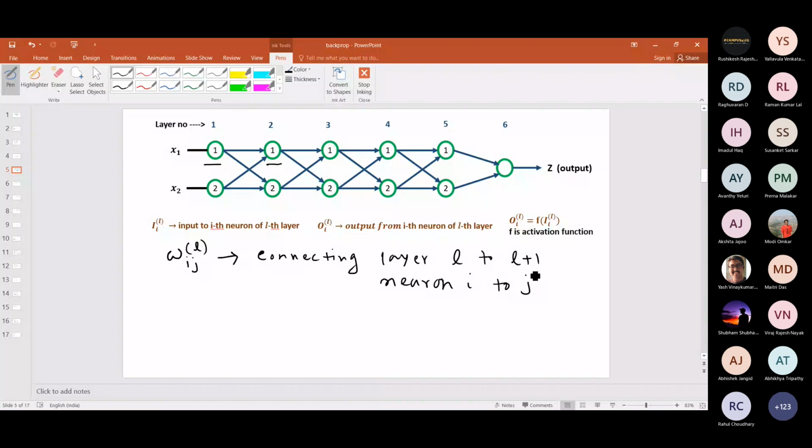That's the connection weight. So I have this for every connection, indexed by L, the layer number, as well as i and j.